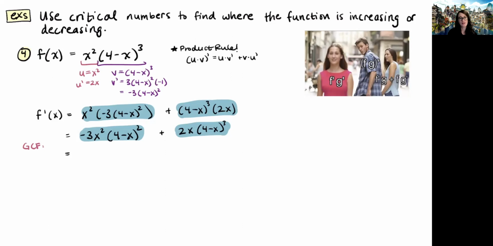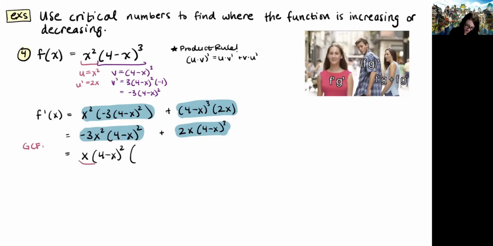So whether you set it equal to 0 before you factor or after, doesn't really matter. Okay, so our GCF, we're going to look at the numbers in each of the blue blobs. There's nothing to pull out there, but here we have x squared and x. So we could take out an x. Then we also have a (4 minus x) squared and a (4 minus x) cubed. So we could take out a (4 minus x) squared.